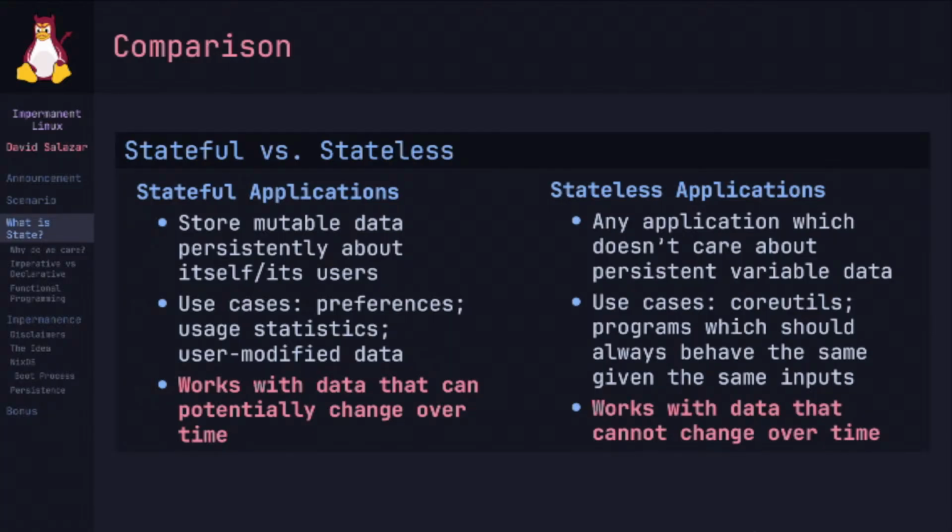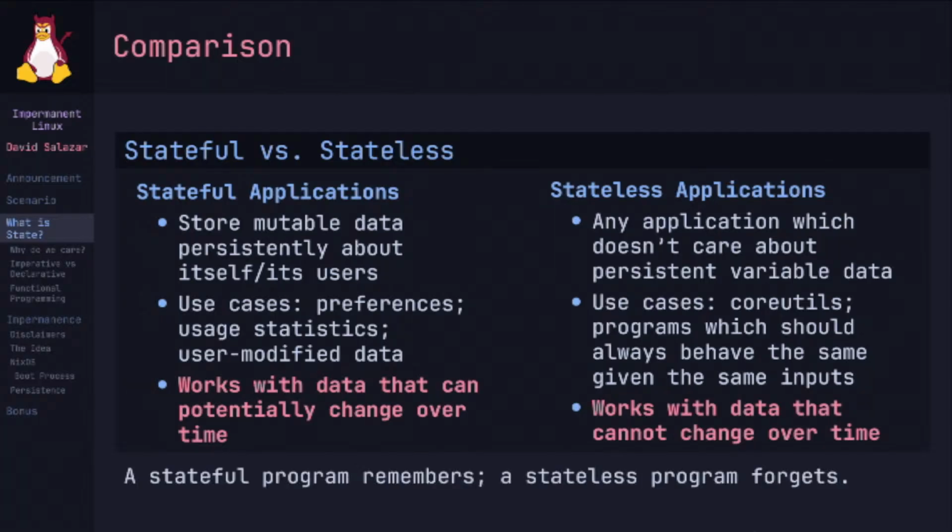So this is things like usage statistics, preferences that you set as your user graphically in a program, and anything that is not going to stay the same. And a stateless application is something like the GNU coreutils, which will take input directly and explicitly and will give the same output every time, because it works with data that won't change over time.